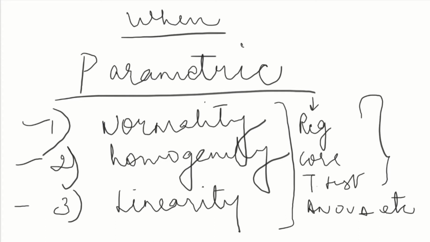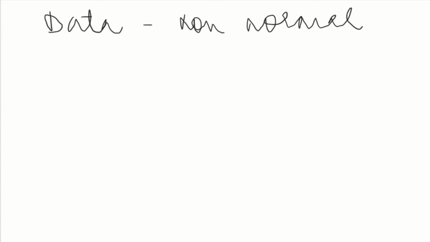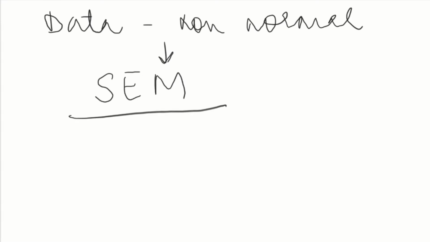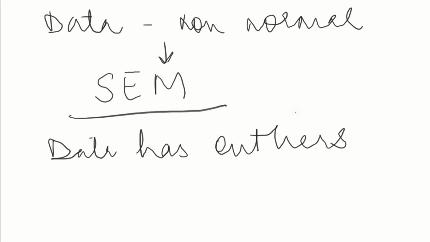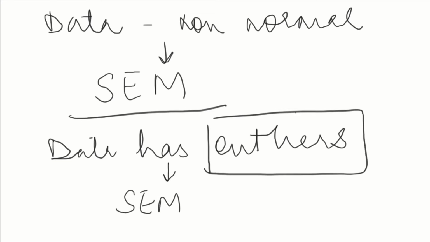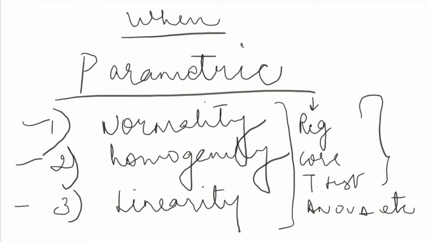If any one of the assumptions gets violated, like if data is non-normal, in that case, we go with partial least squares structural equation modeling, which is SEM. Okay. When data has outliers, we go with SEM. Outliers being the important ingredient of all these three assumptions.